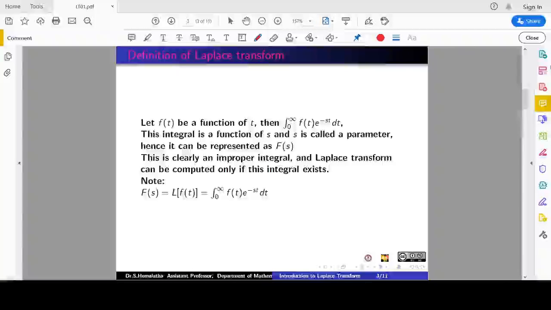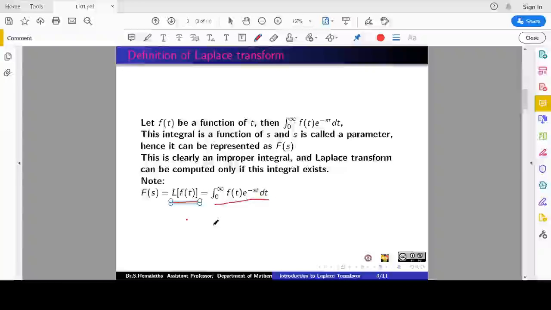The definition of Laplace says the Laplace of f of t, represented by capital L f of t, is integral 0 to infinity f of t e power minus st dt, and this is a one-sided function. This is the definition of Laplace.